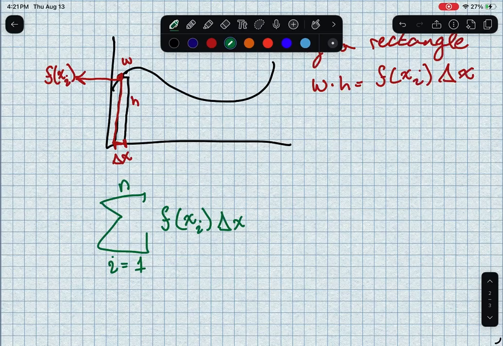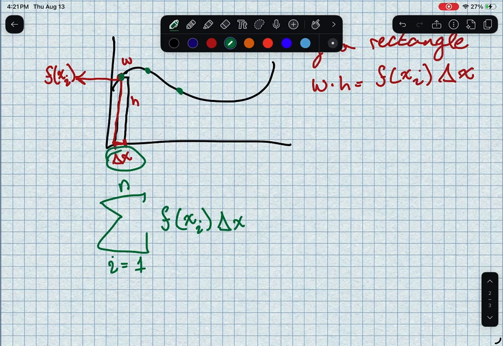Now the important thing to know is that every single one of these rectangles will have a different height, right? The height here is different than the height here, and that's different than the height here. But each of these rectangles will always have a width delta x. The width will be uniform along all of the rectangles, no matter the height.